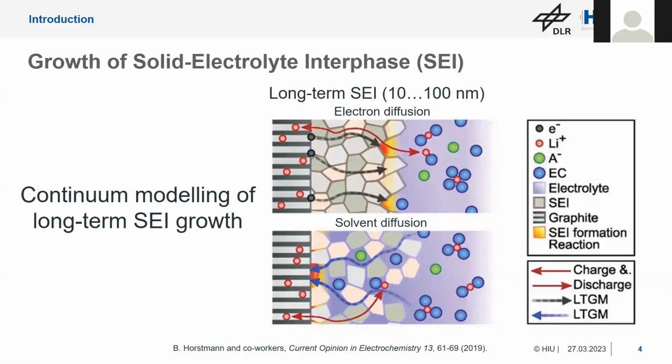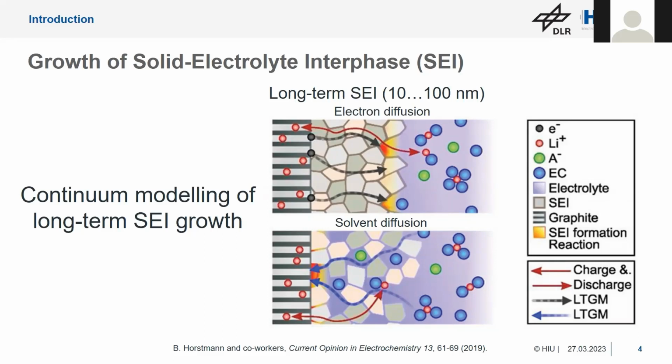Either electrons from the graphite can traverse the SEI, reach the surface of the SEI, and then reduce electrolyte on the top, and you would have some top growth of the SEI. The alternative explanation is shown here, where solvent molecules, particularly EC and its co-solvent, can come from the electrolyte, in some way traverse the SEI, then reach the electrode, be close enough to the electrode that they can be reduced at the electrode surface.